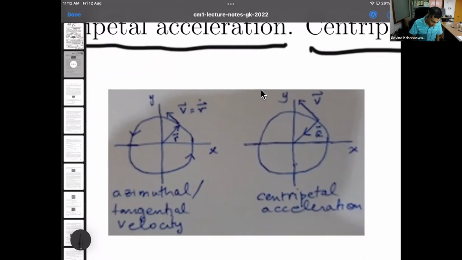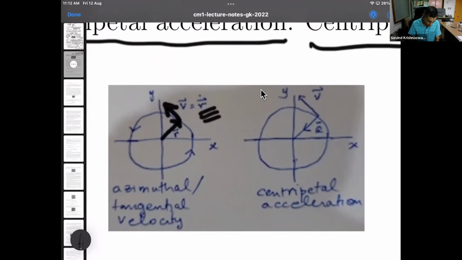This is our radius vector or position vector. This is our velocity vector, which is tangent to the circle, given by the time derivative of r. And then, having found those two, we differentiate the velocity vector and arrive at an acceleration vector, which we just observed points radially inwards. So that is the picture so far.